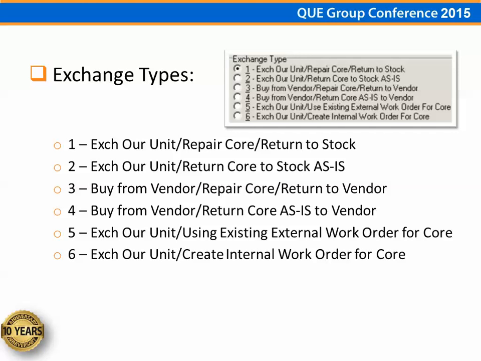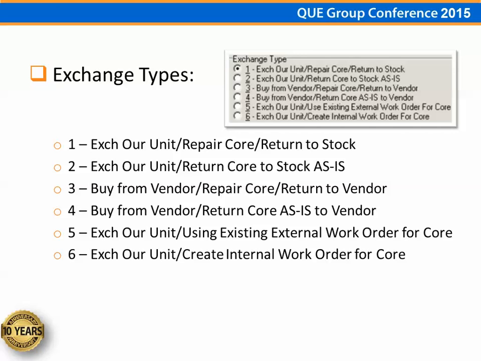So the first two exchange types have to do with selling your own stock. The first one, it's the one we use most often. It's exchange our unit, repair core, return to stock. And so in that scenario, when you would want to use that is when you have a unit in stock, you're going to sell it to a customer on exchange.